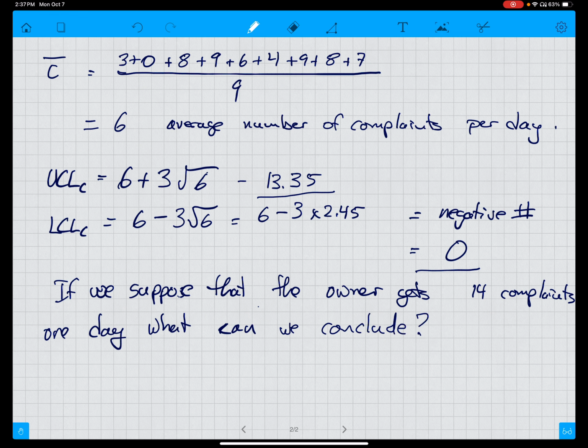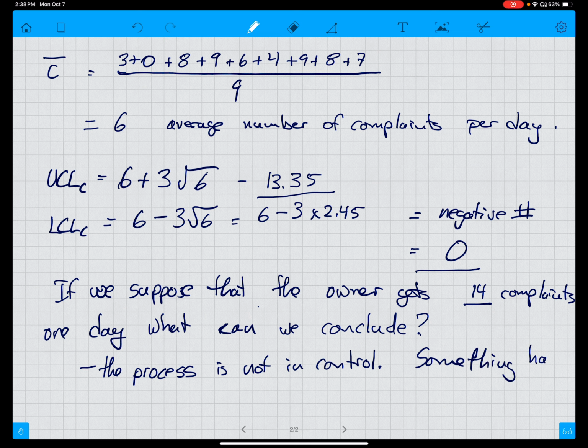In that circumstance, 14 is higher than 13.35. The process is not in control. Something has changed. And so investigate and figure out why it has changed.